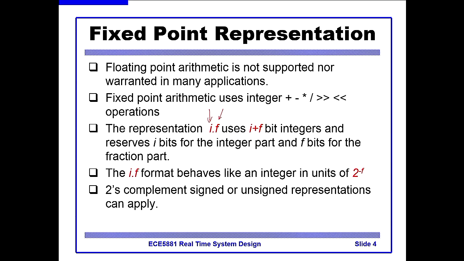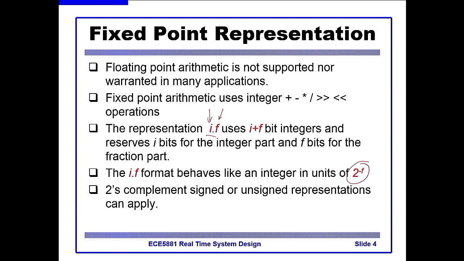That's quite common, and you can change the position of that in your code. You're just defining what you mean by that integer. So you're really looking at an integer variable, but you're saying the bottom F bits represent a fraction of a unit in some negative power of 2.